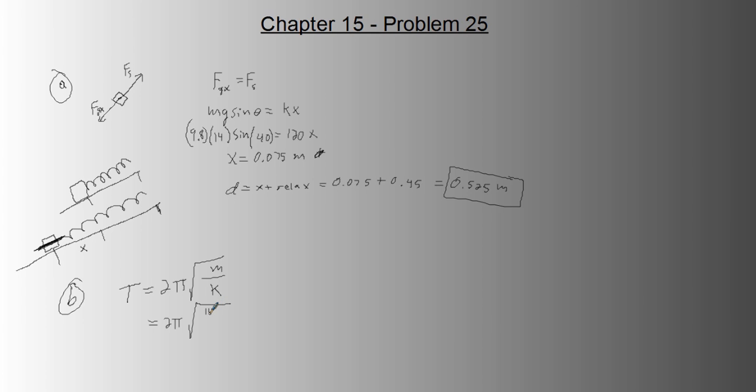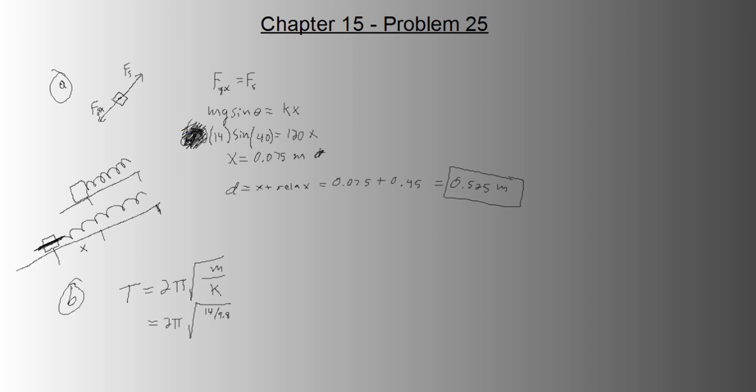Oh, whoops, I just realized something. In the problem, I hope I didn't confusify you, they gave you the weight. I should have looked at my notes more closely. This is the weight, which is mg. Some of you might have been thinking, why did you add the 9.8? That's the weight.